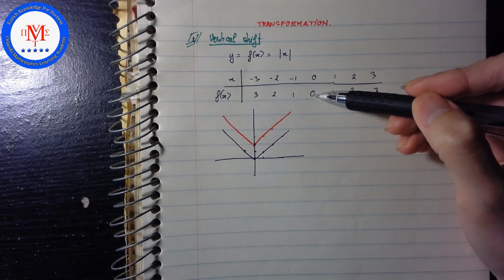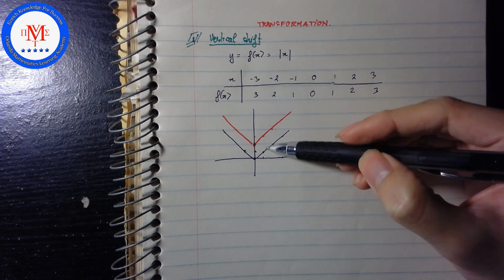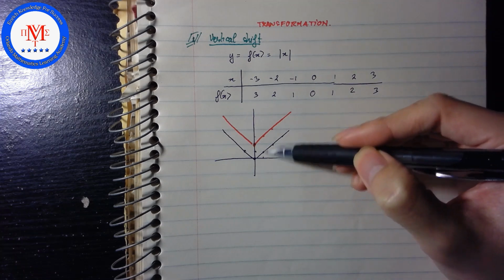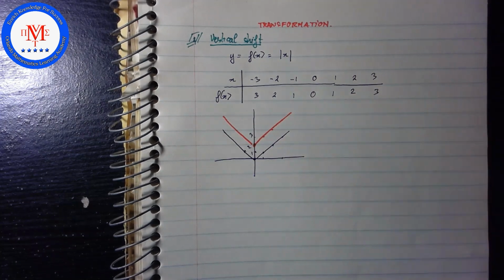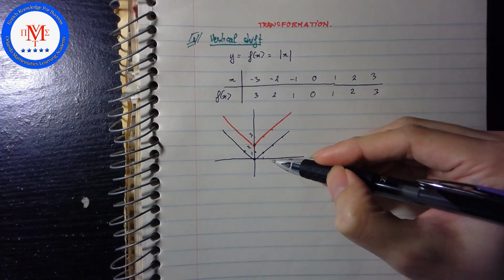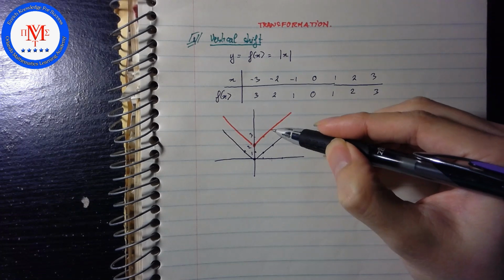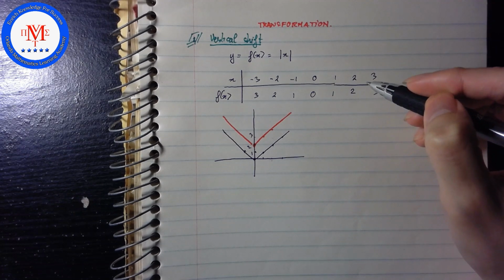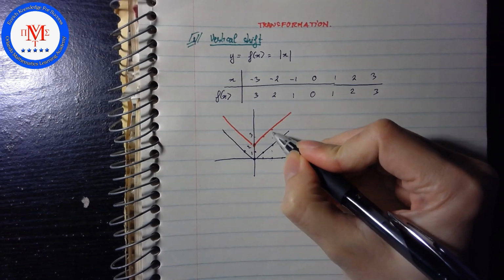So this one becomes 2, and instead of (1, 1) we have (1, 3), and instead of having (2, 2) we have (2, 4).